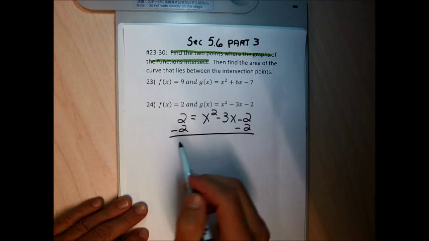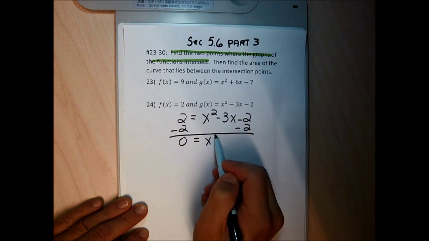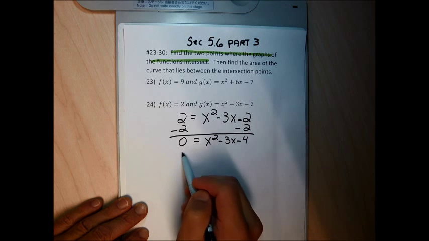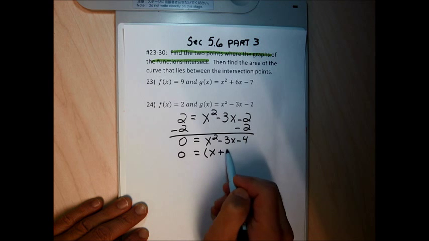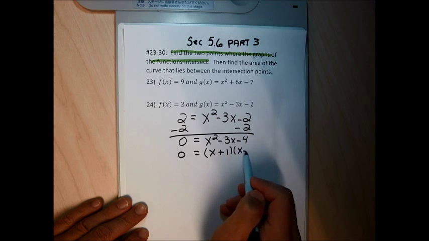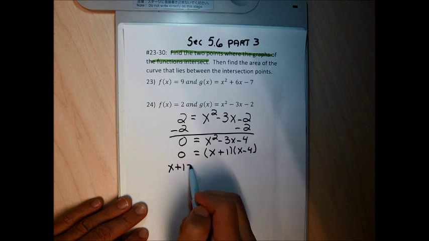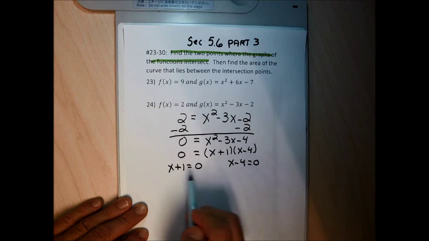So I subtract 2 from both sides. That's going to give me 0 equals x squared minus 3x minus 4. I'm going to factor this into 0 equals x plus 1 times x minus 4. And then I'll set the x plus 1 equal to 0 and the x minus 4 equal to 0.